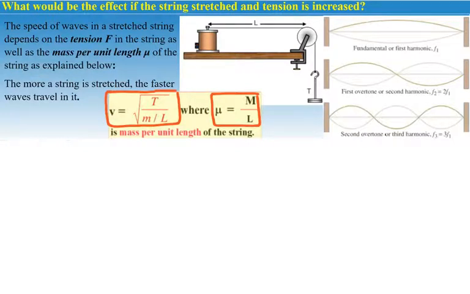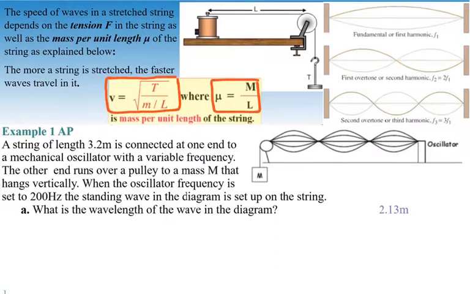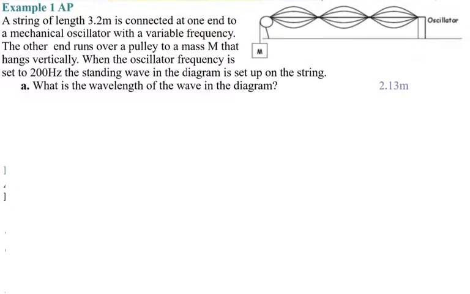Here's one of the examples that I wanted to look at. And I think the formula is going to be used in this question. A string of length 3.2 meters is connected at one end to a mechanical oscillator with a vibrating frequency.